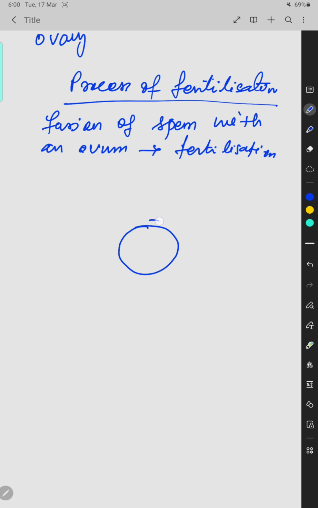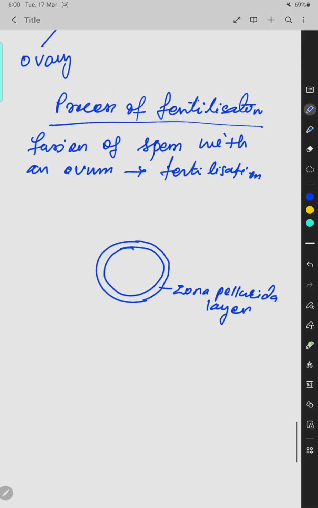When it is released, it is surrounded by the zona pellucida layer, and it is further surrounded by cells, that is the corona radiata.